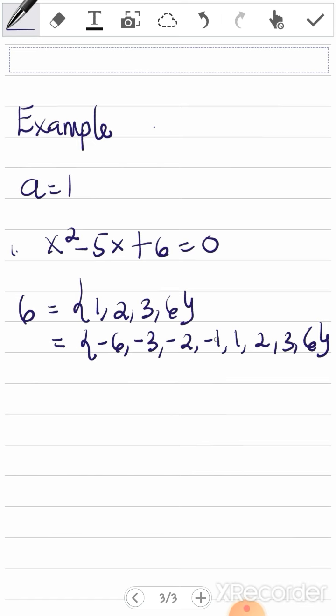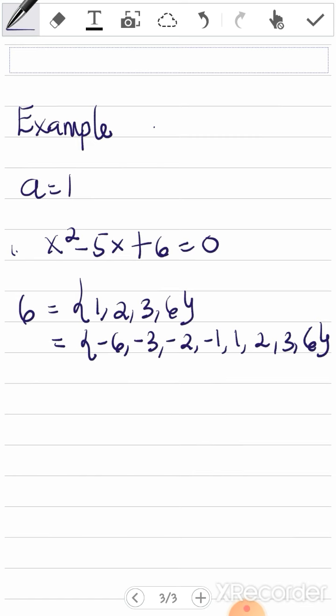But -1 and -6, or -1 and 6, can be factors, because when you multiply them you get 6.